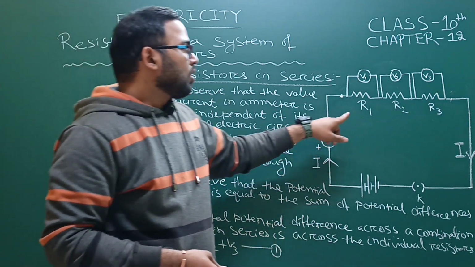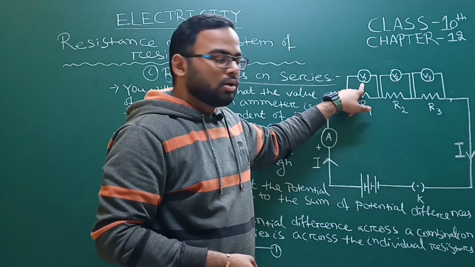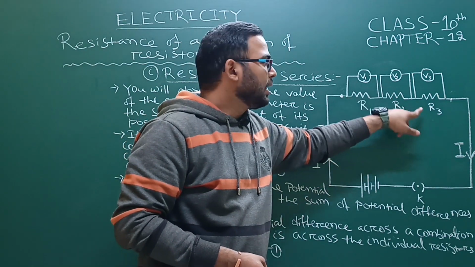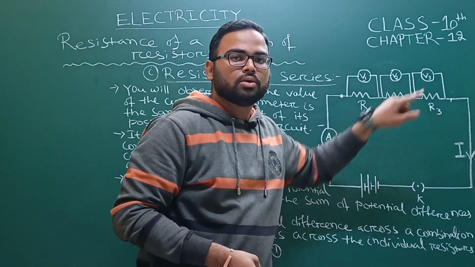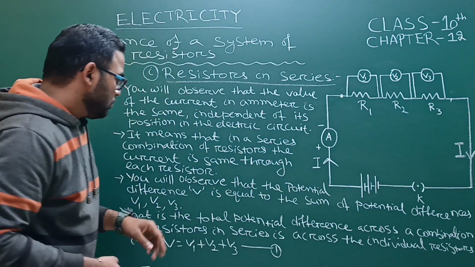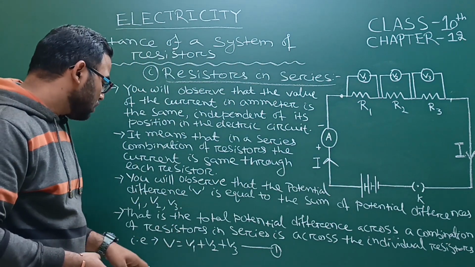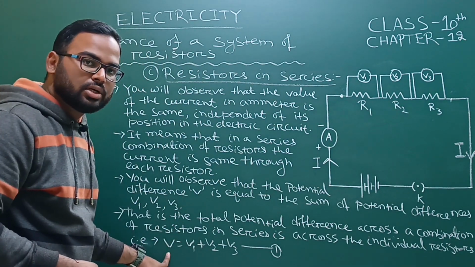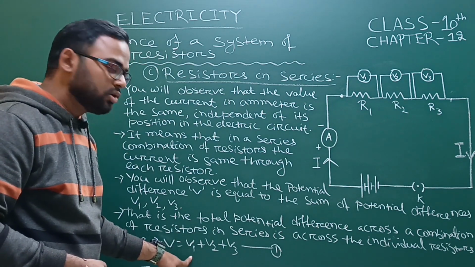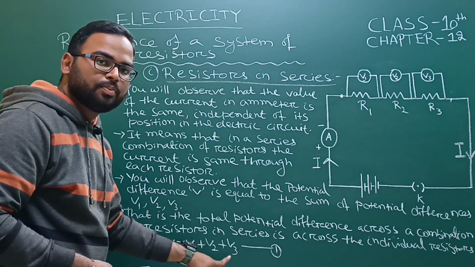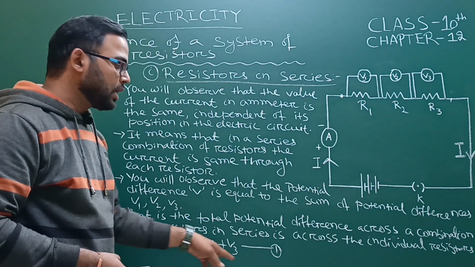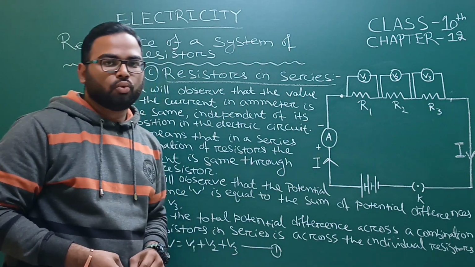For R1 we have taken V1, for R2, V2, and for R3 we have taken V3. From the observation we can conclude that the total potential difference V will be equal to V1 plus V2 plus V3. This will be regarded as our equation 1.